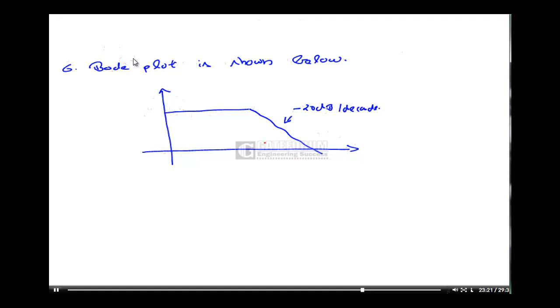This value is 20. Find the transfer function. This point is 10.